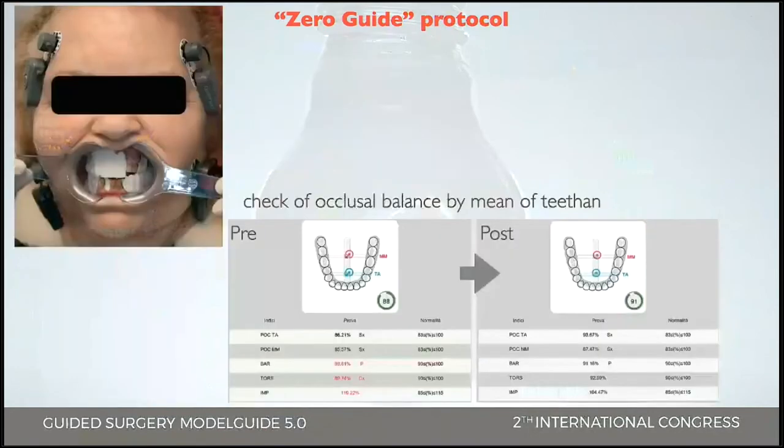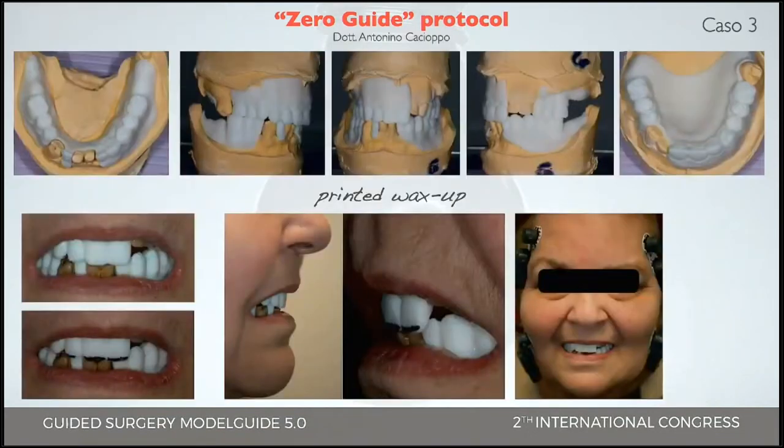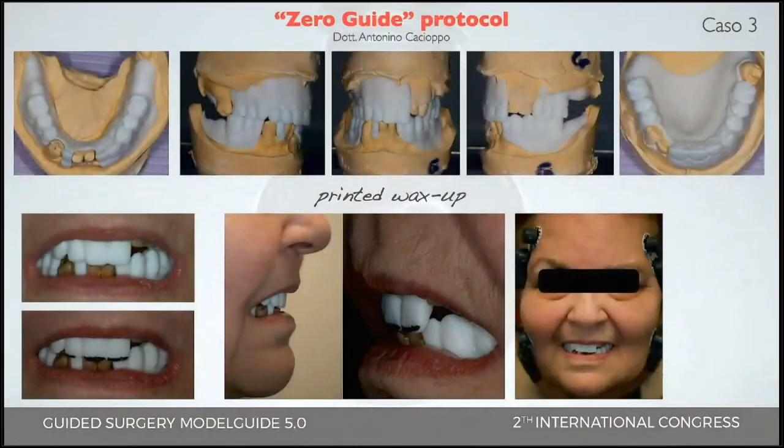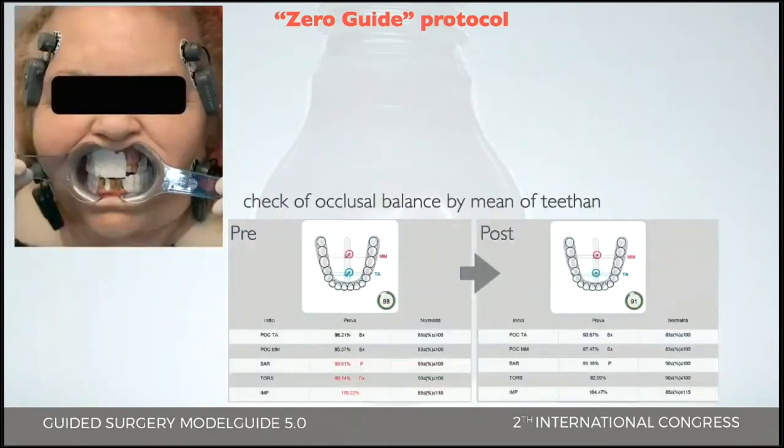Like I said before, this is the most important time for this kind of rehab, because we can have a lot of tries. We can change everything: the tooth dimensions, shapes and length, like in this case, and symmetry, and of course the contact points, but only if we can manage the Teethan.